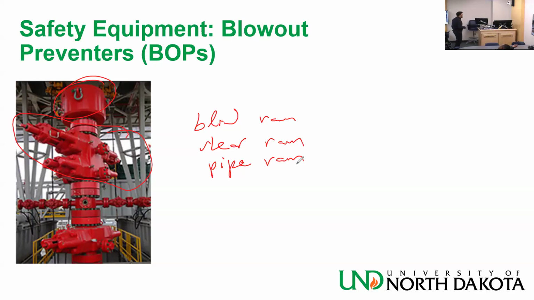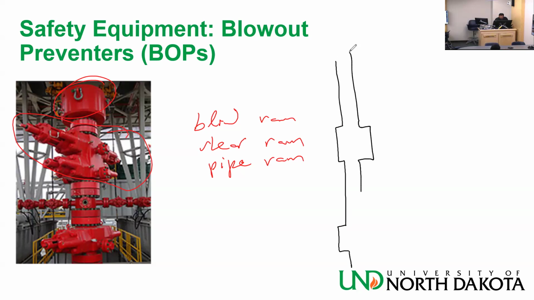If your drill string is tubular, joint, tubular, joint, tubular, and the pipe ram is for the tubular size, but you have the joint size, you are in trouble.